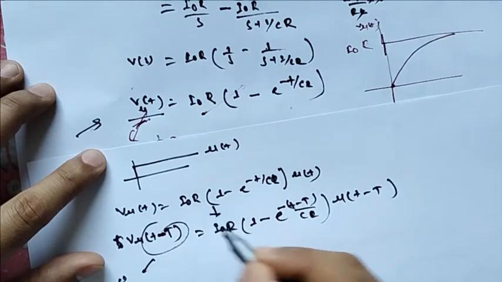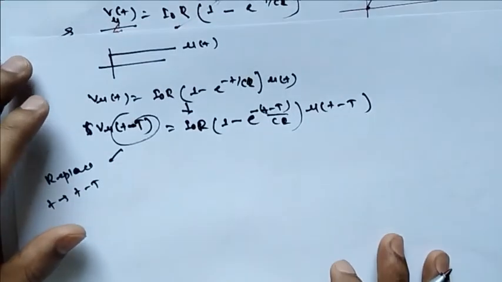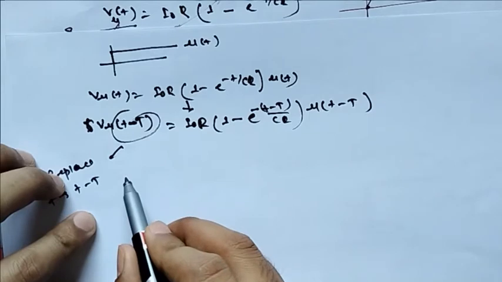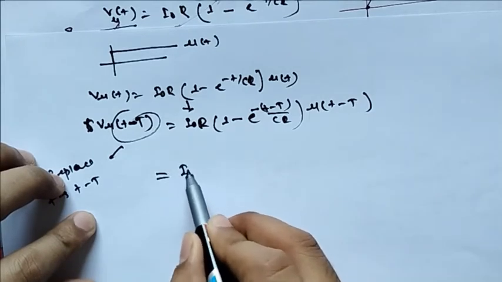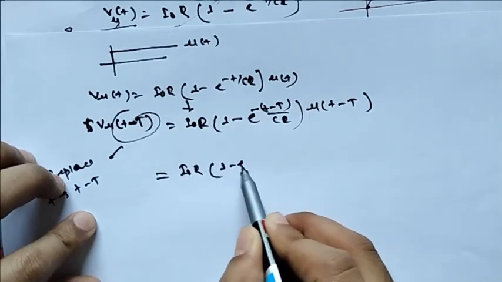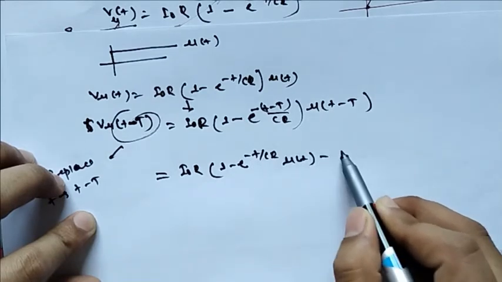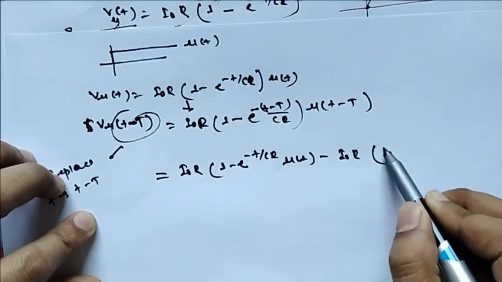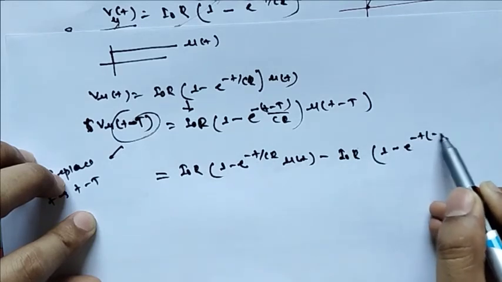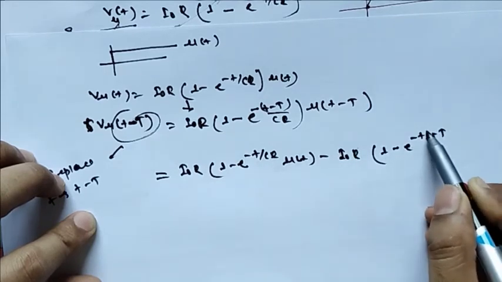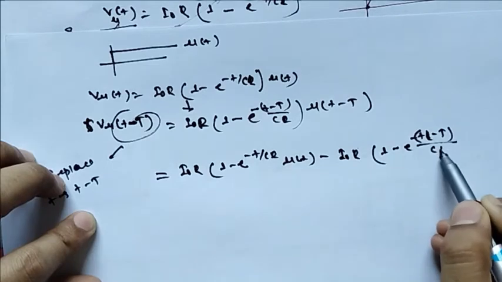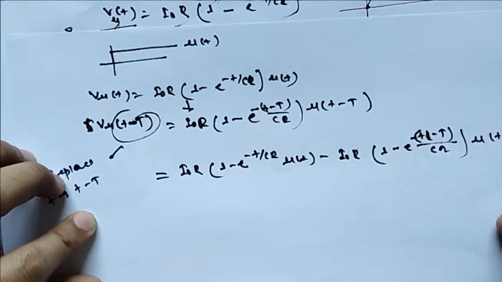Now if you subtract these two, then we are going to get the response, and the total response will be I naught r times 1 minus e to the power minus t by cr u of t, minus I naught r times 1 minus e to the power minus (t minus tau) by cr u of t minus tau.